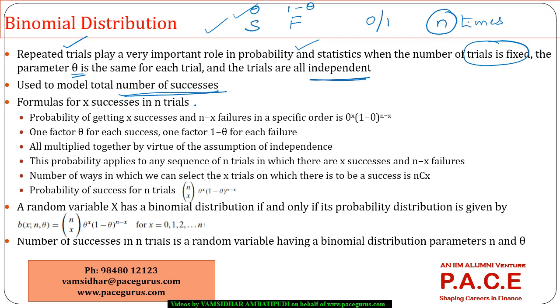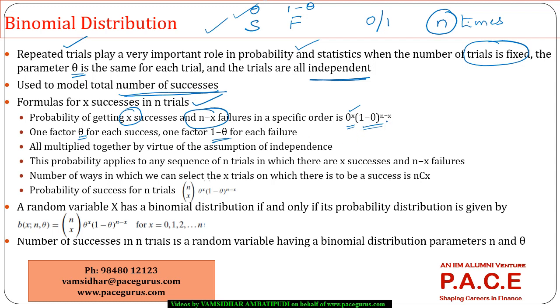So it says the formula for x successes in n trials: the probability of getting x successes and n minus x failures. Theta is the probability of success, so getting x successes, the probability will be theta to the power x. 1 minus theta is the probability of failure, so getting n minus x such failures is 1 minus theta to the power n minus x. There is a factor theta for each success, 1 minus theta for each failure.